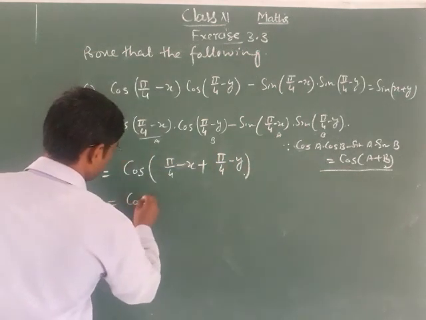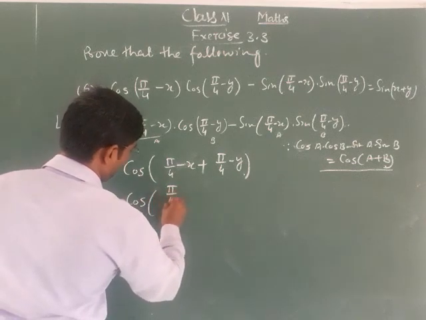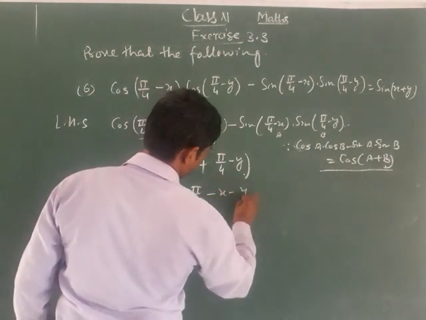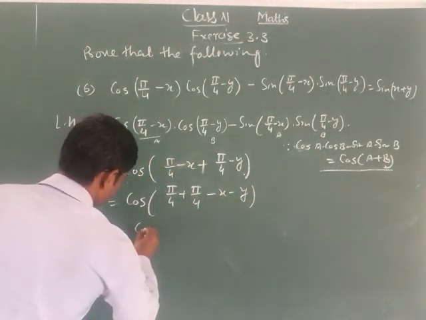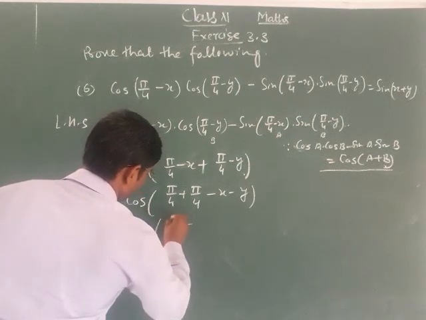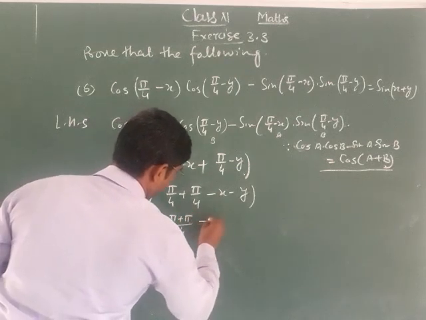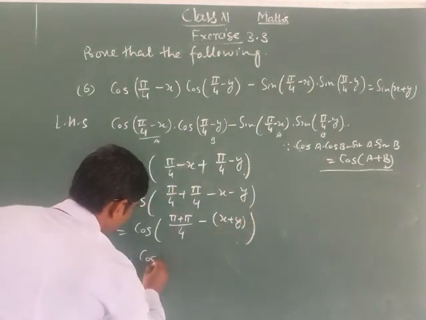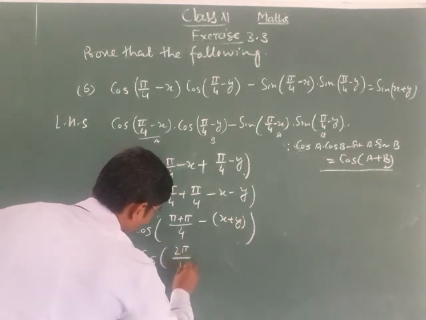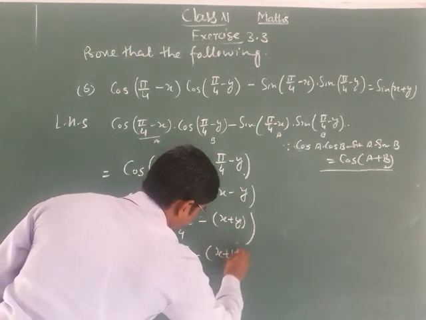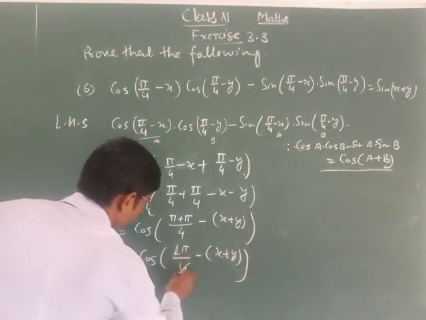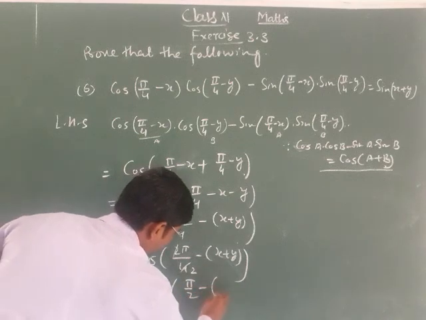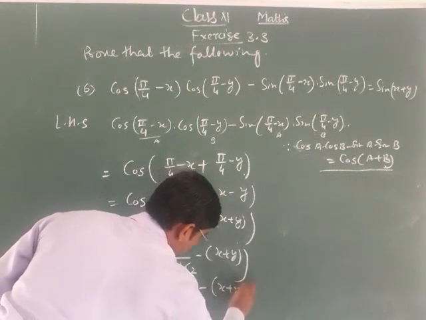So cos π/4 means 4π plus π... so now cos(2π/4 − (x + y)), so cos(π/2 − (x + y)).